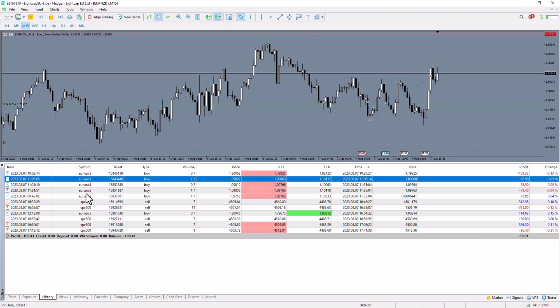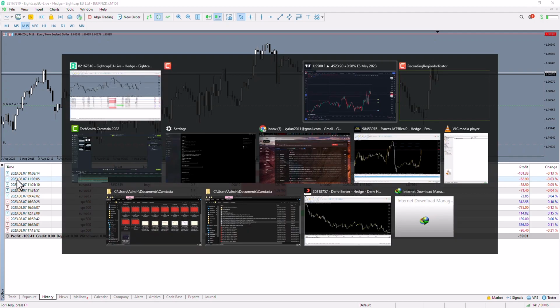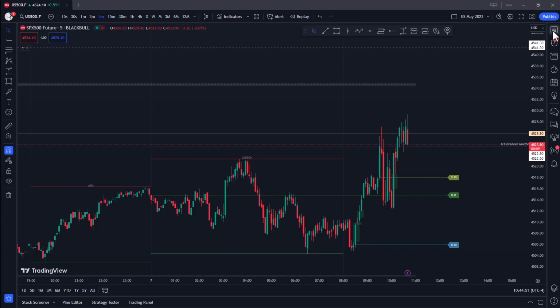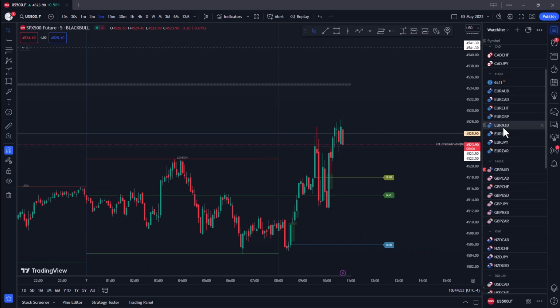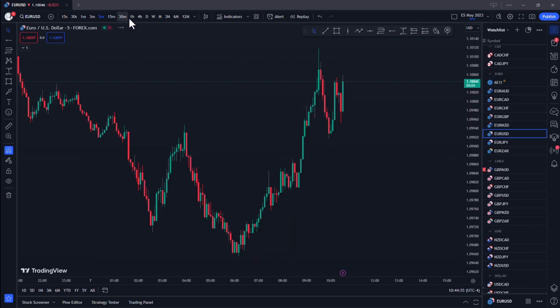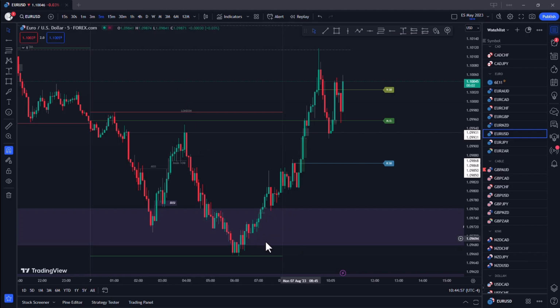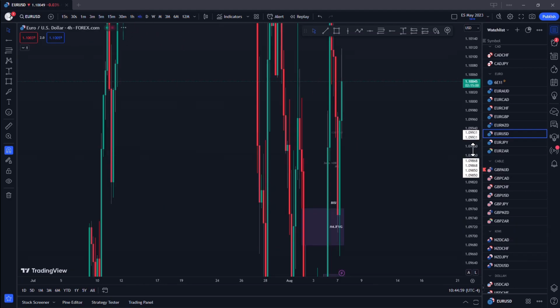During London session, I pointed out what I was looking for at Euro USD. It's exactly what I took. The difference being that we got a deeper retracement into the inverse fair value gap from the 4-hour.